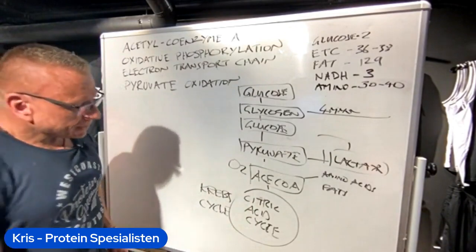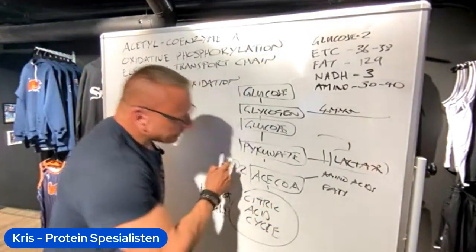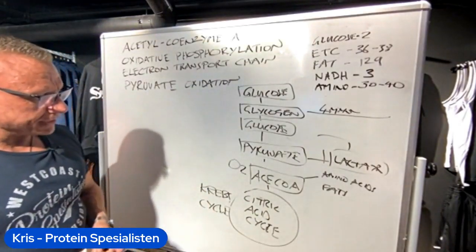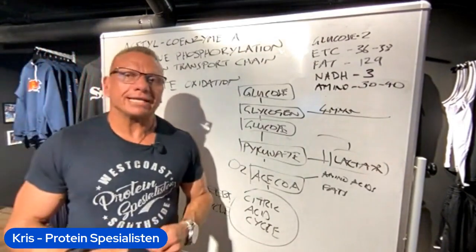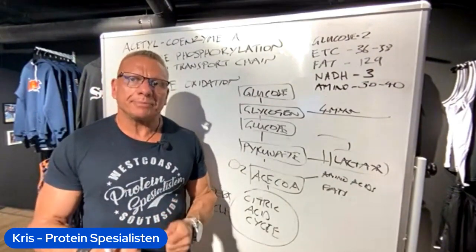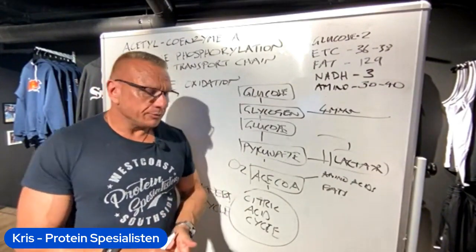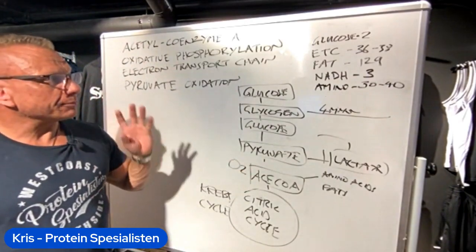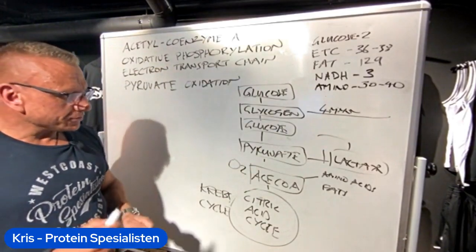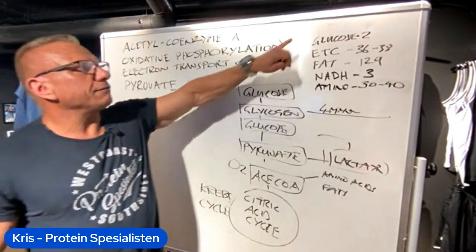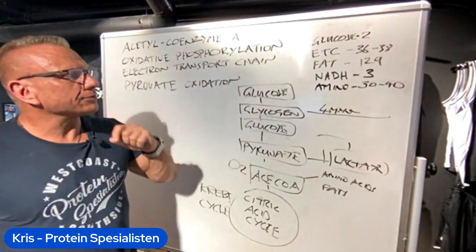This is a process in which we create different forms of energy. Remember, we're always trying to create ATP. ATP is the only form of energy we use, but how we build it differs. We can get ATP from fats, from protein, and from glucose. What's interesting here is that we still only have 2 ATP through glucose.